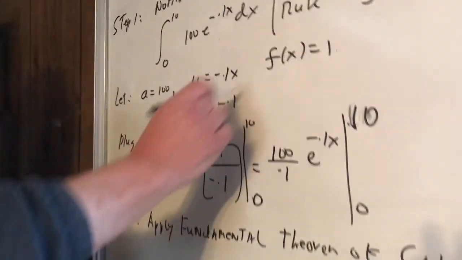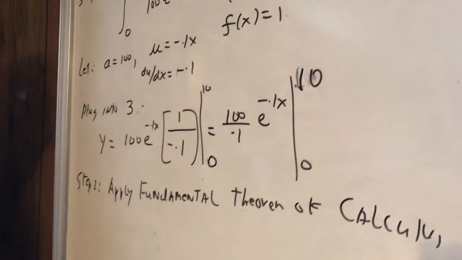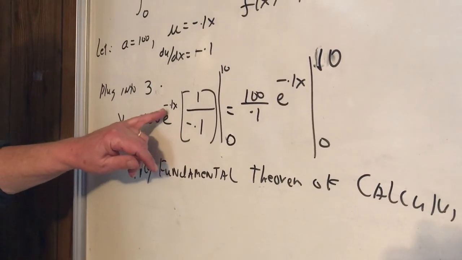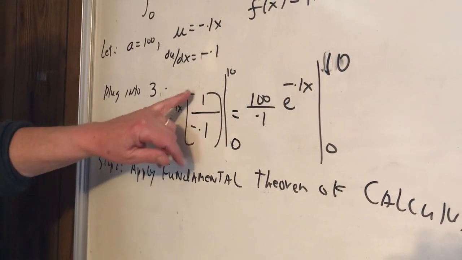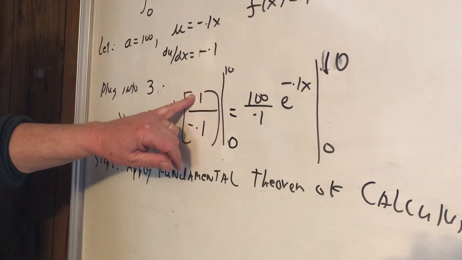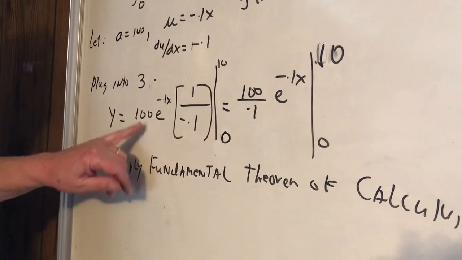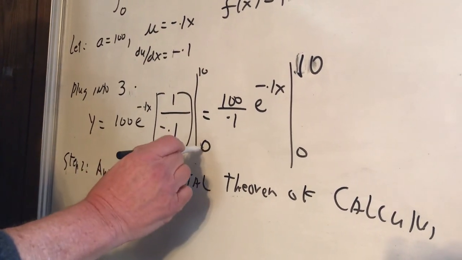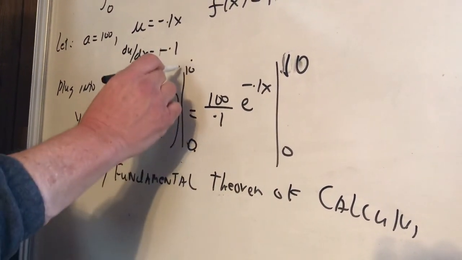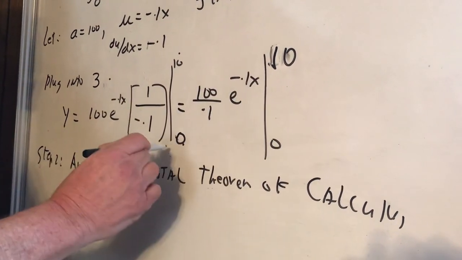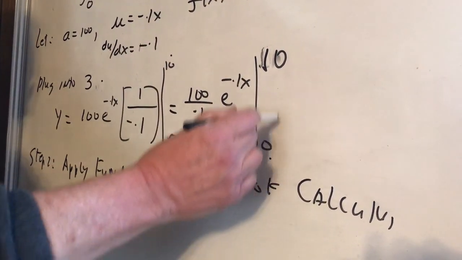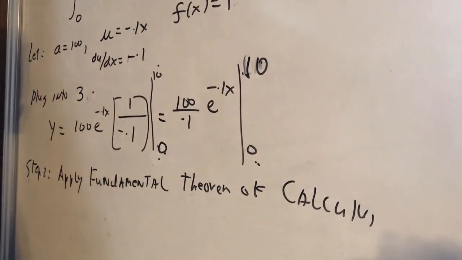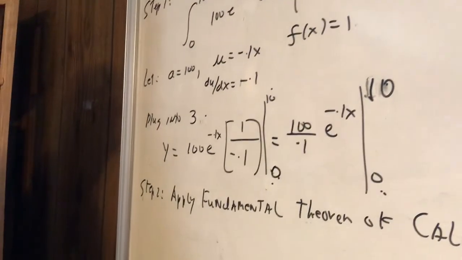We plug this into rule 3. And we get y equals 100 e to the minus 0.1x, f of x is 1, over du dx, minus 0.1. 100 divided by minus 0.1. Notice I draw a line and I preserve the constants of integration right here as I go along. All right?